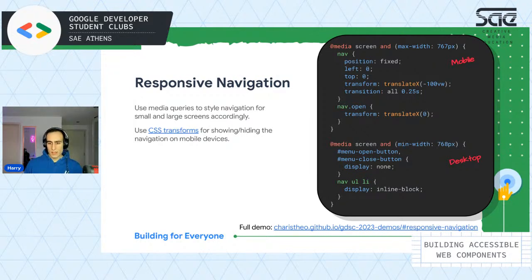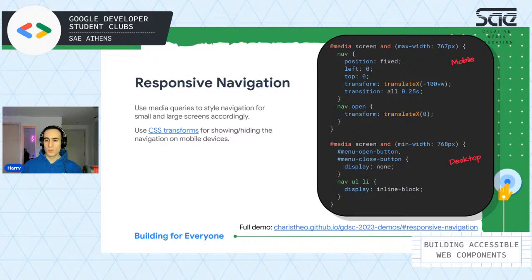So the way of hiding and showing either state of the navigation can be again non-trivial. In this case, I'm using CSS transforms like translateX to get the navigation out of the view. And then when the navigation is open, just use transforms again along with transitions to bring it back to the view.